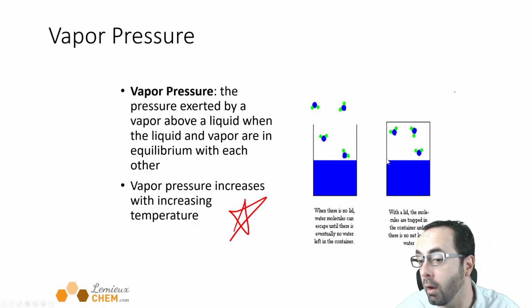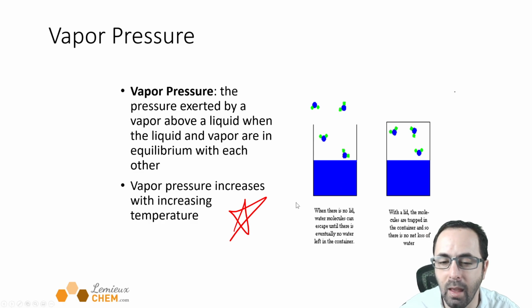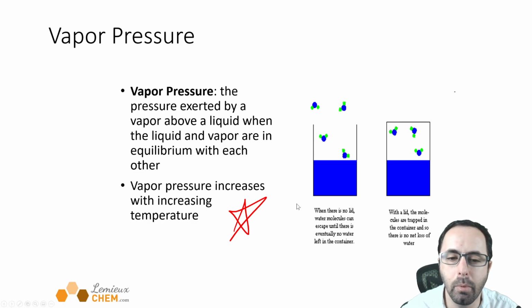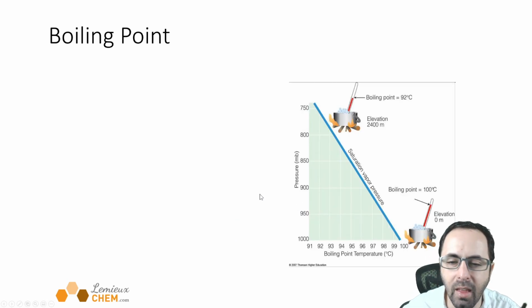Now, the idea of vapor pressure is very closely related to boiling, because as you increase the temperature of your liquid, the vapor pressure is getting higher and higher and higher. And at a certain point, that vapor pressure will be so high that it is equal to the air pressure around. That is called boiling.